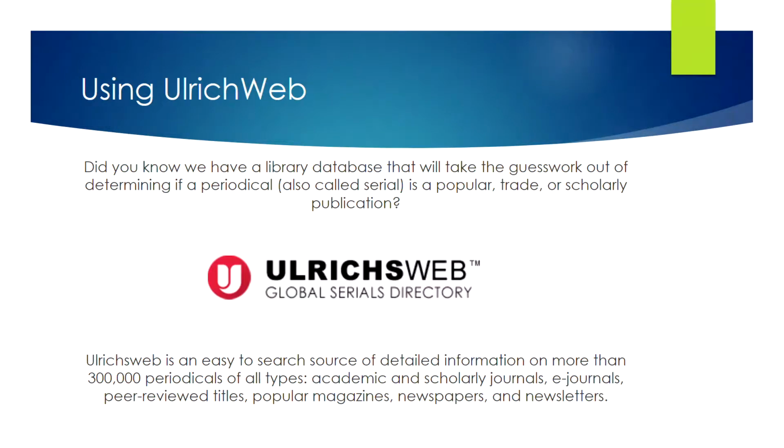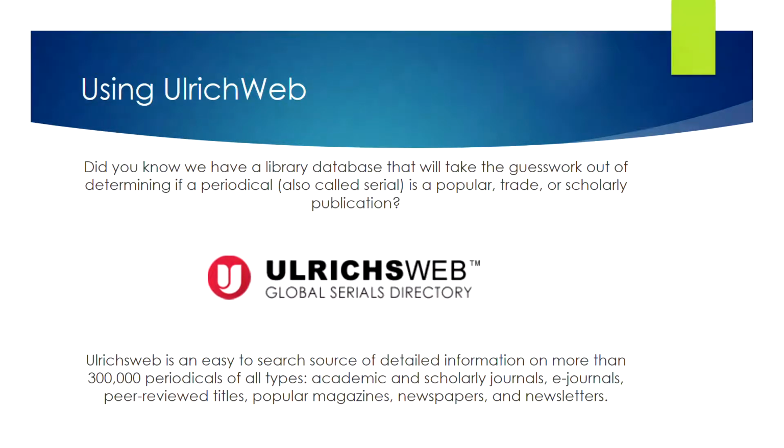Ulrich's Web is a global serials directory. So if you're ever in doubt or you have a question about the periodical that you're looking at, whether or not it's popular, trade, or scholarly, you can run it through Ulrich's Web database and it'll tell you. So this works great also if you find a periodical on the internet.